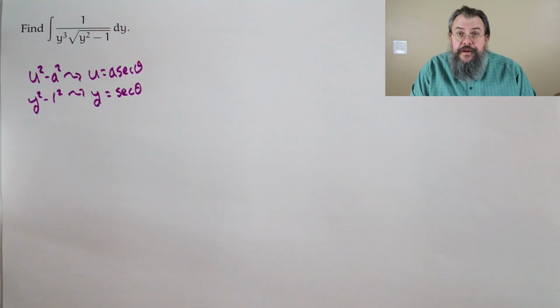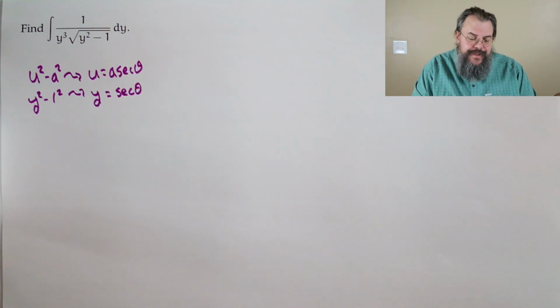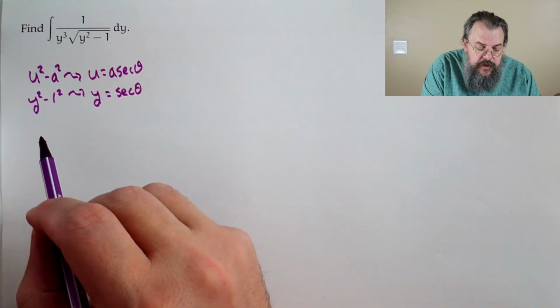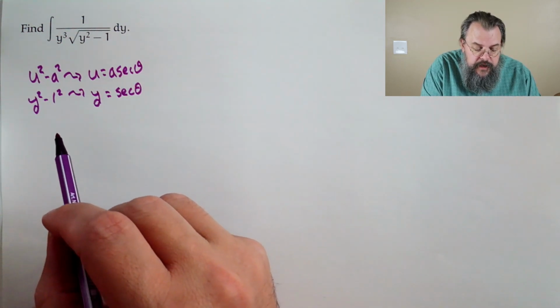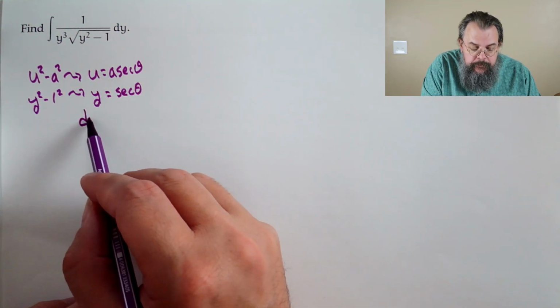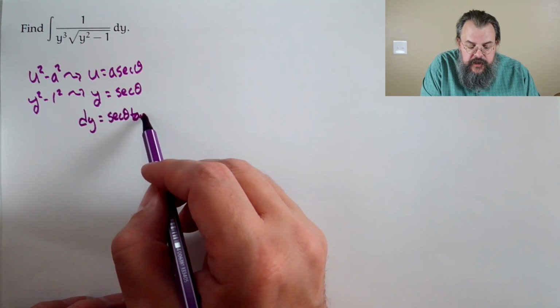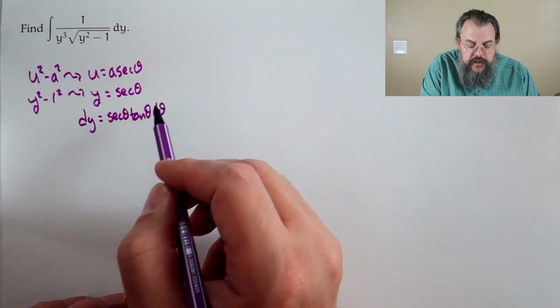All right, that seems reasonable. Well, maybe. Let's find out what happens. We do need to do a couple of things. What is dy? Well, the derivative of secant theta is tangent theta d theta.